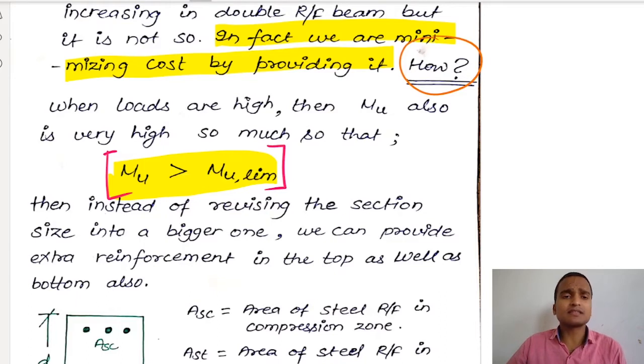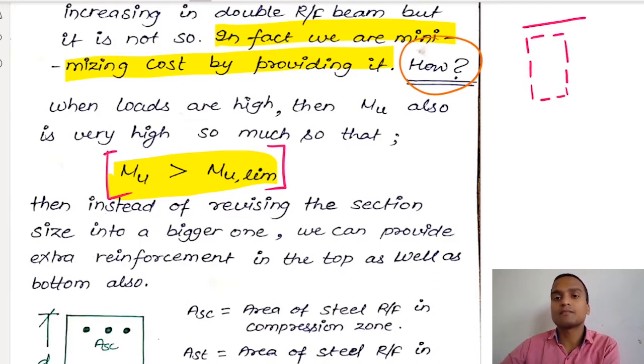So in such cases, when the loads are very high, what we usually do to increase the limiting moment of resistance is try to revise the section. Now what is this revising of section? Revising of section means, if our section was of smaller size, we try to revise the section by increasing the width and the depth of the section.